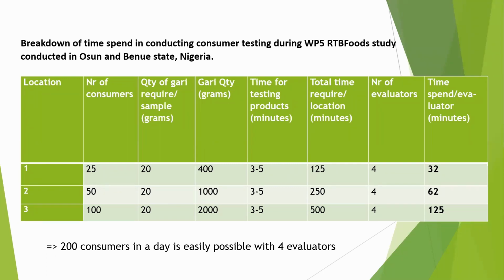On average, if the locations are not far from each other, we can do 100 or 120 consumers in a day, depending on the experience of those who anchor the evaluation as well as the response from the consumers. The consumers vary in their response, and the time taken to test and check the product varies.